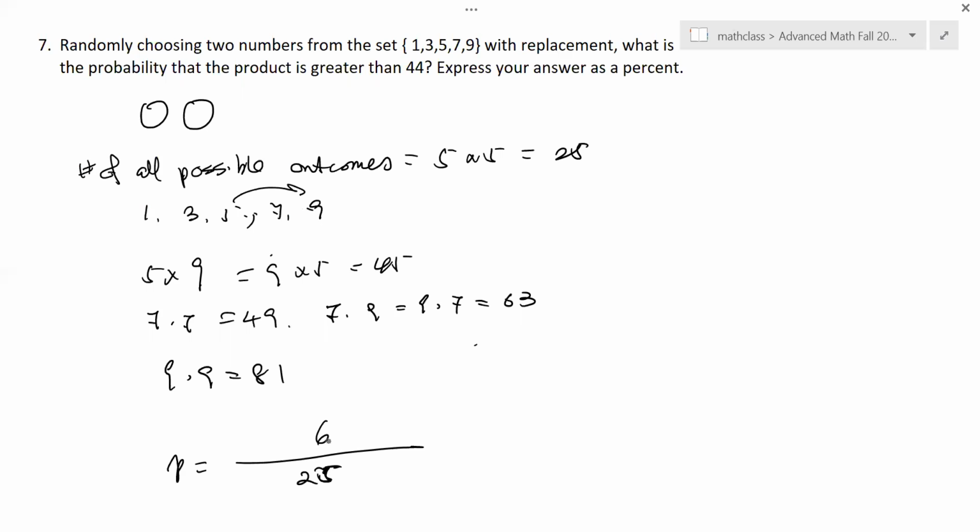The key point: we just need to know how to count. Sometimes you have to decide whether you're going to consider the order, or sometimes it doesn't matter.